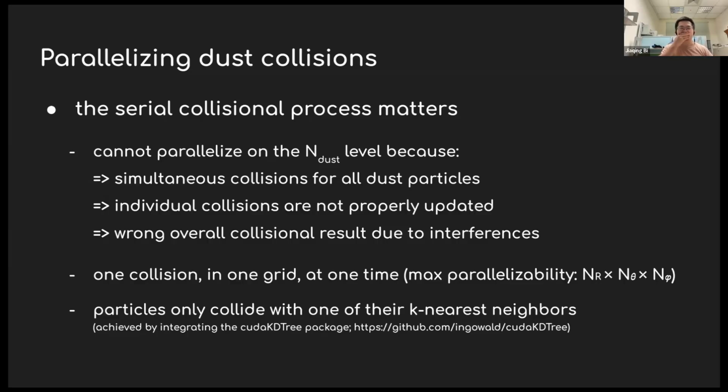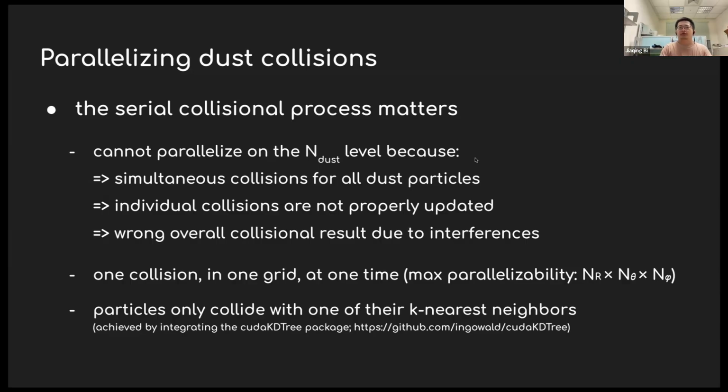Say particles are not totally independent, but particles far from each other can almost be treated like independent particles, because there's a very low chance that they will collide with each other. So it means that we cannot parallelize the collision process on the dust number level.